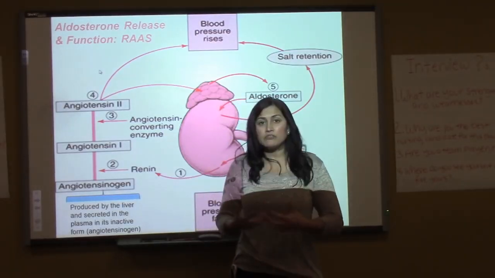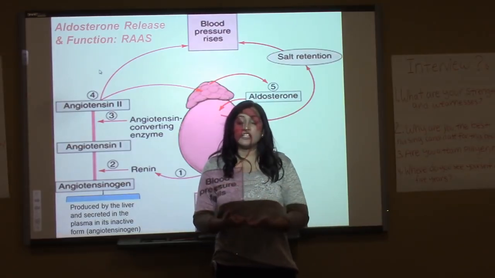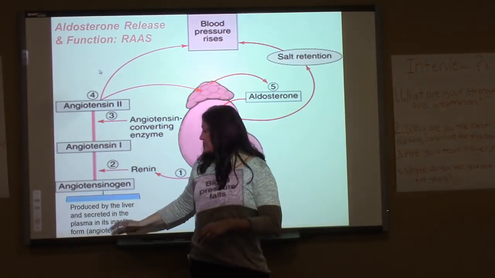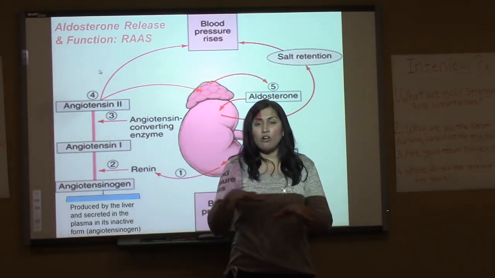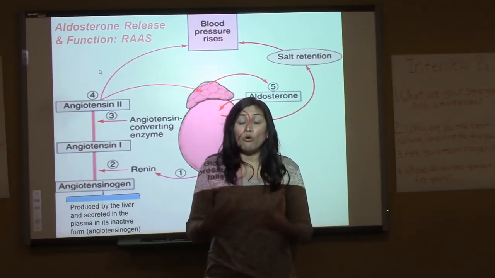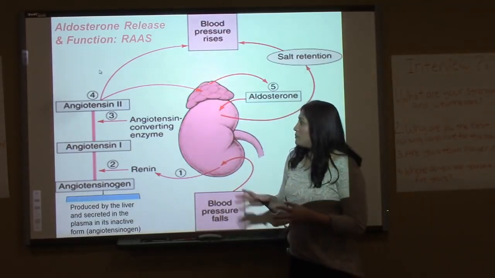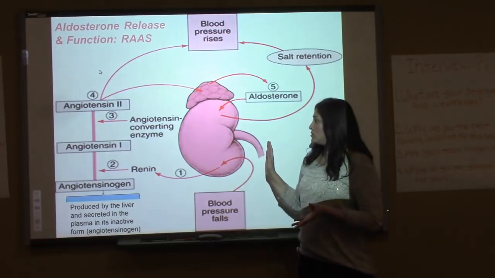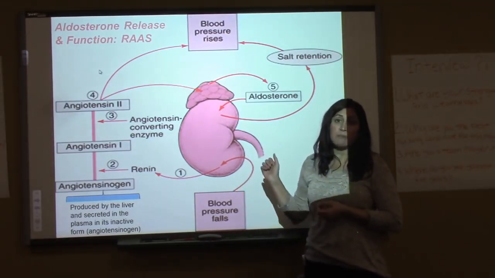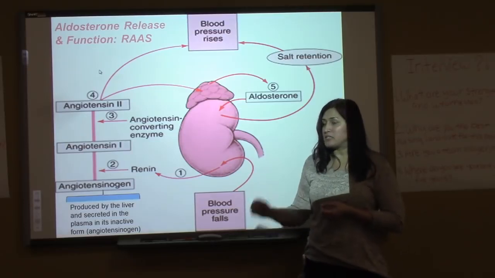It's an inactive hormone, and it is released by the liver. So it's produced by the liver and is secreted into the plasma. And it's always found there, but it's in an inactive form. So basically, this is the background, now we're going to go through the renin-angiotensin-aldosterone system step by step, and you should know it step by step.